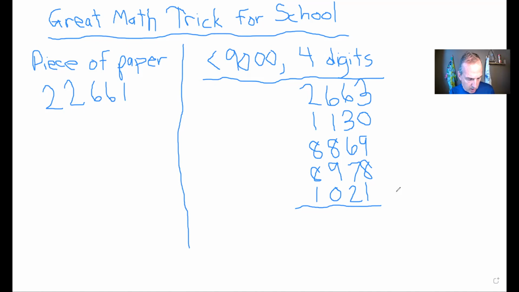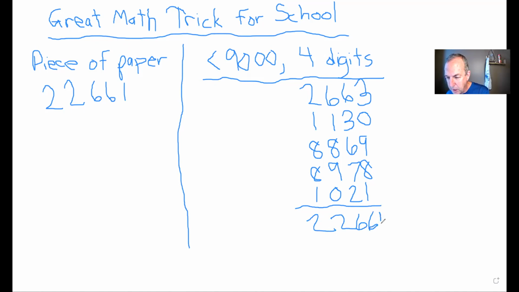Now, guess what number they add up to? I know you're way ahead of me, and I hope there are some math people out there, especially, that have figured out how to do this trick. So those numbers add up to 22,661.